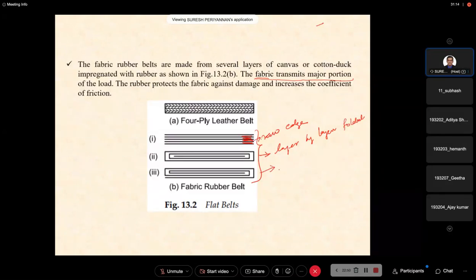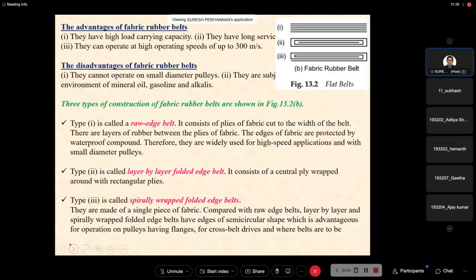This is the spherically warped edge belt. Because I thought I hadn't put the figure on the next page, but sorry, I already put the figure.